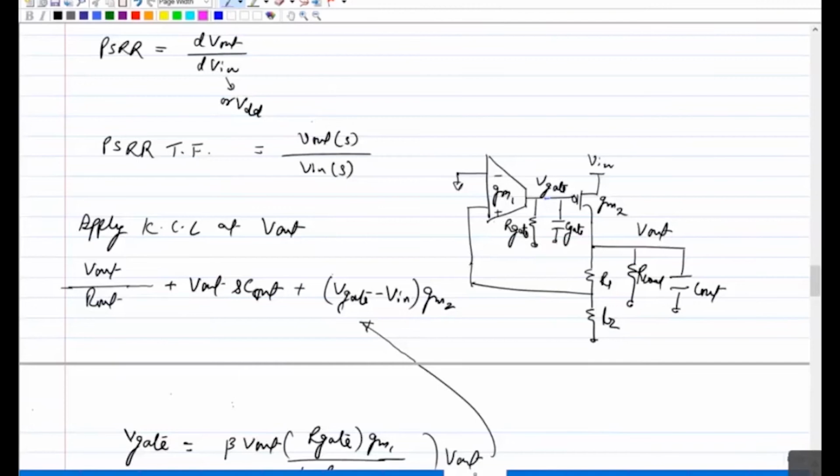Then your effective VGS will again be zero. But you have to make sure your amplitude and phase are the same, otherwise they will not cancel each other. So that is more like improving PSRR using noise injection.